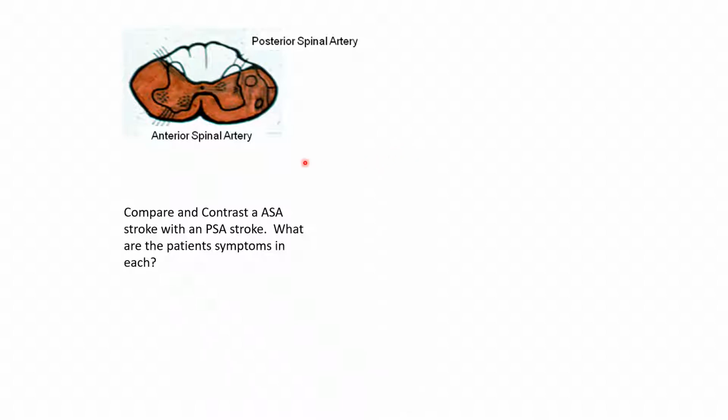We'd like next to compare and contrast an anterior spinal artery stroke with a posterior spinal artery stroke. Recognize that the anterior spinal artery sitting at the midline would affect both sides in general, and that includes this ventral portion of the spinal cord and the lateral portion of the spinal cord, the corticospinal tract that's sitting right here, and the spinothalamic tract that's sitting right here.